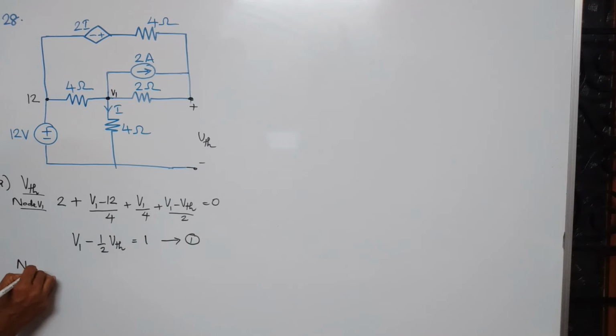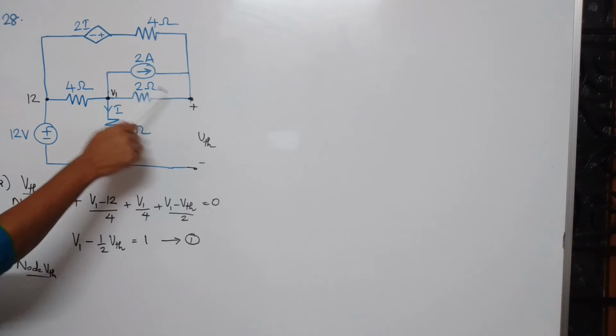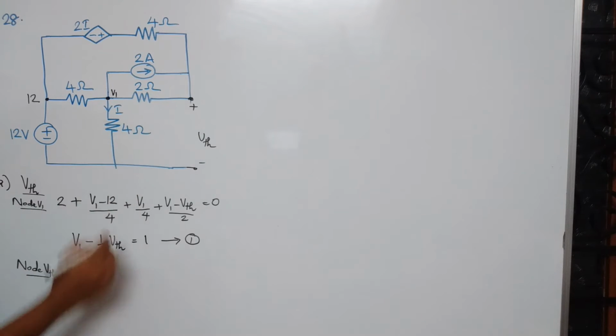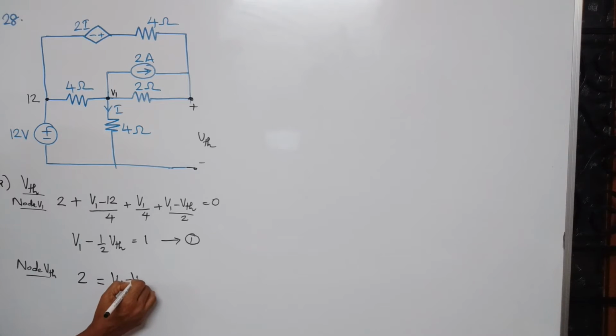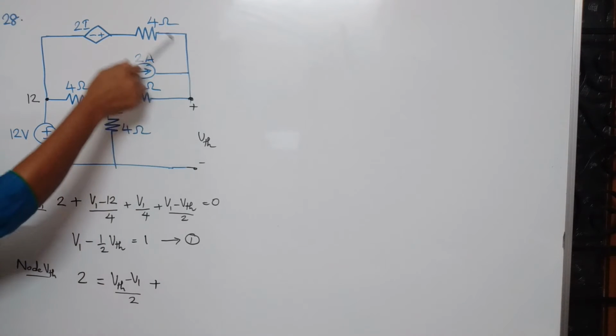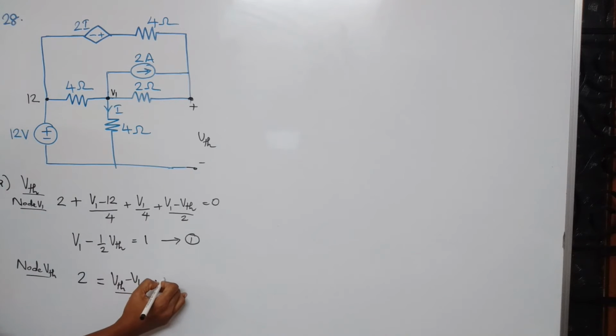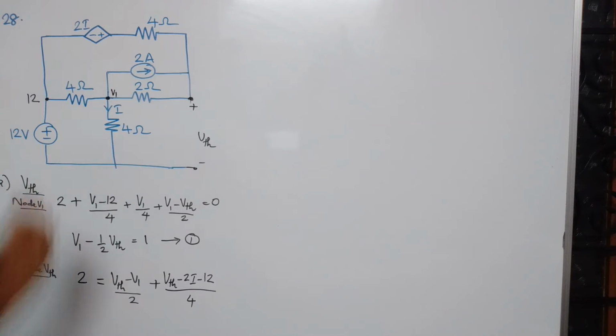Now with respect to the next node, say VTH, 2 ampere is entering, so let's keep it as such. 2 is equal to (VTH minus V1) by 2 plus this branch, (VTH minus 2i minus 12) divided by 4. That's all, right? 1, 2, 3 branches.